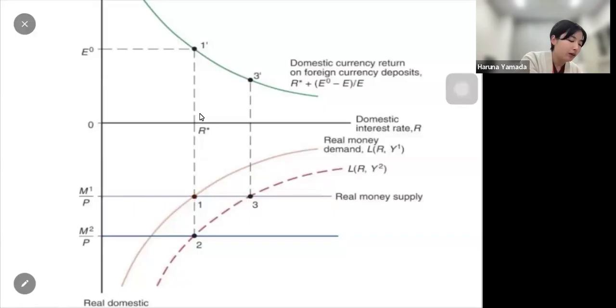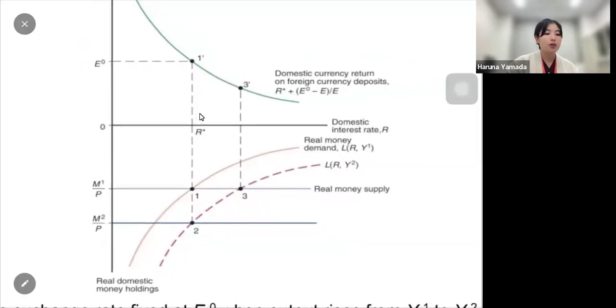Under this equilibrium, domestic interest rate is equal to R star, and exchange rate is fixed at the E0 level. So this is the initial equilibrium of this economy.